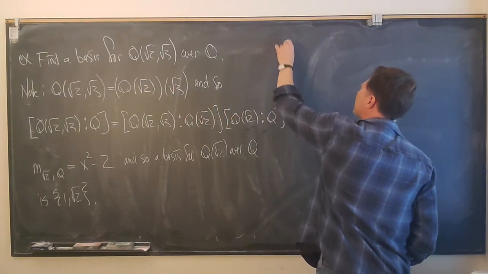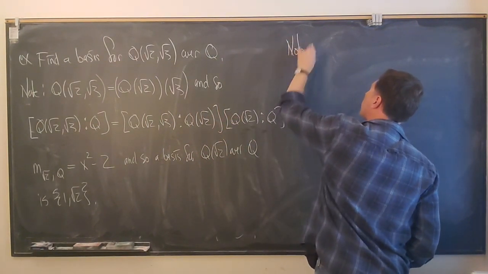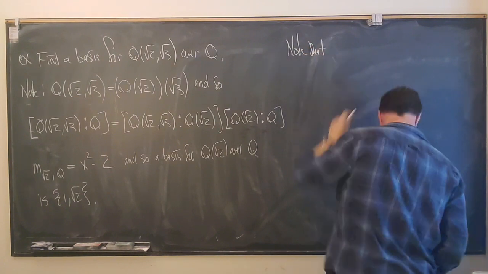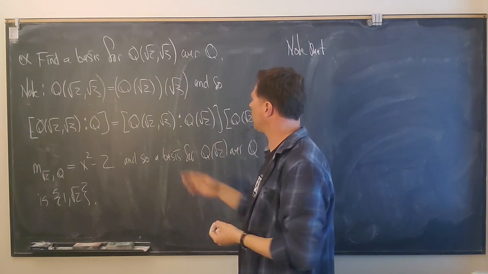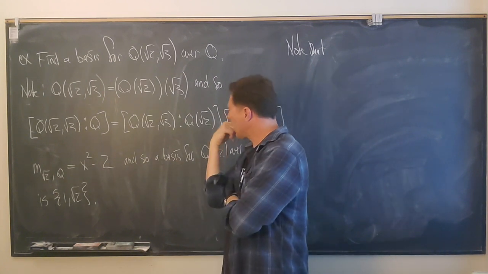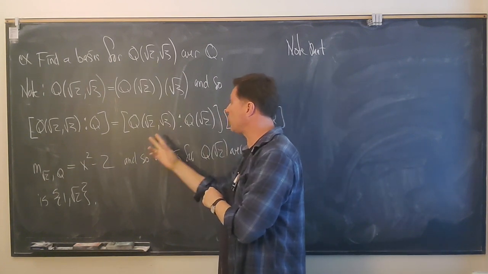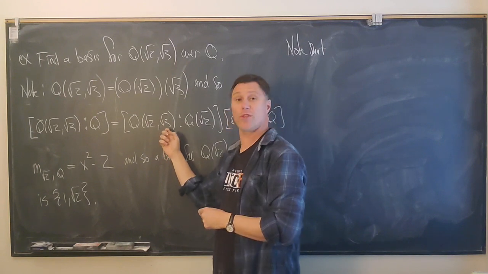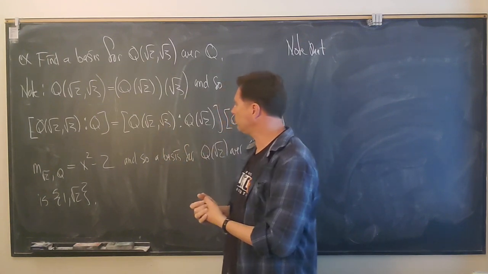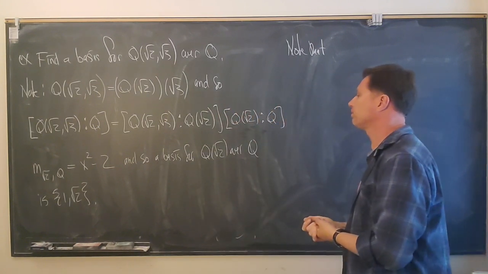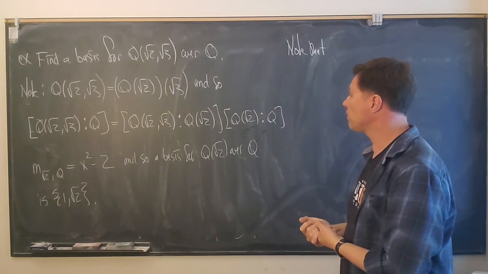Okay, so now let's note that, what I want to do is think about the degree of this extension right here. So by adjoining root 3 to Q adjoin root 2, what happens? Well, what I want to do is find a minimal polynomial.